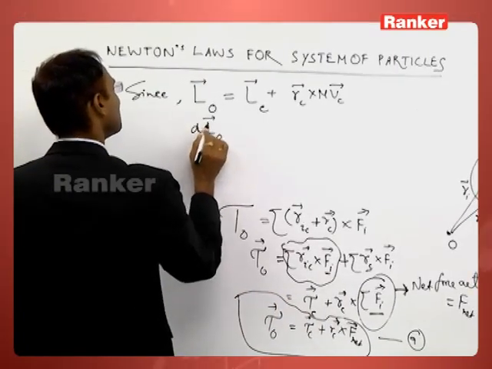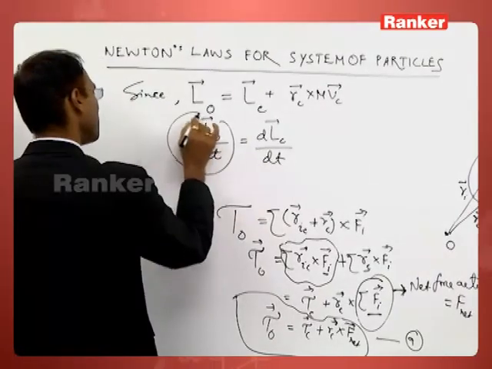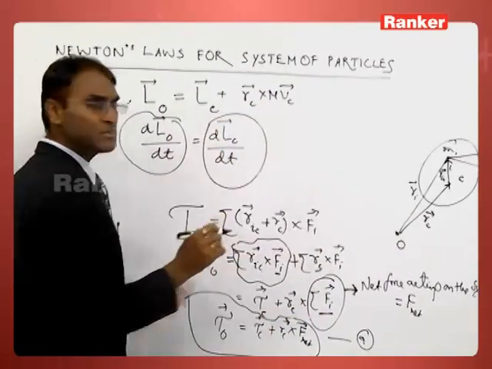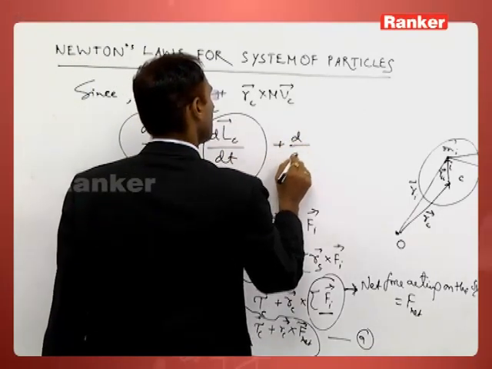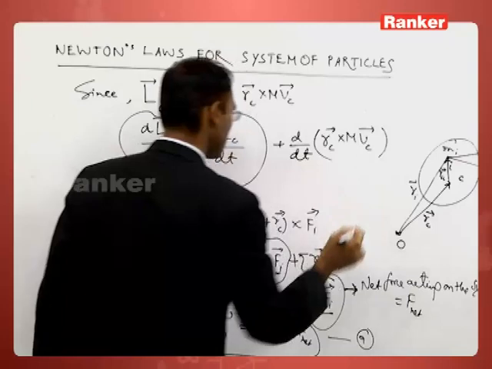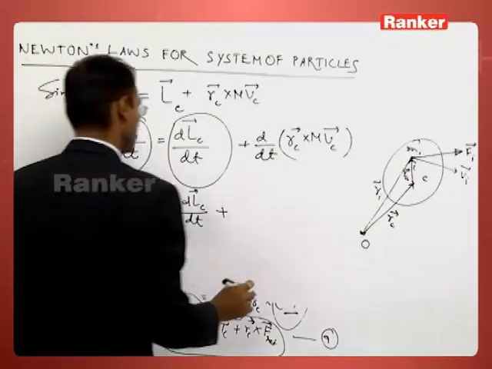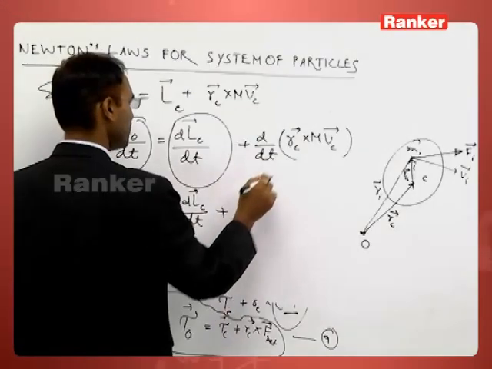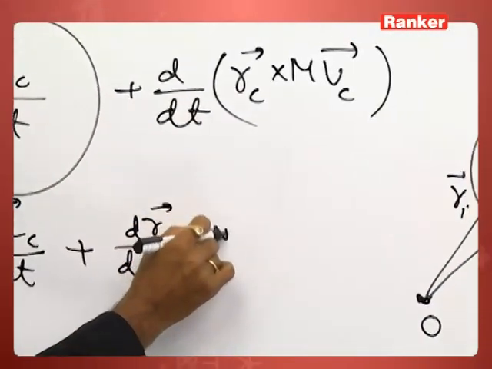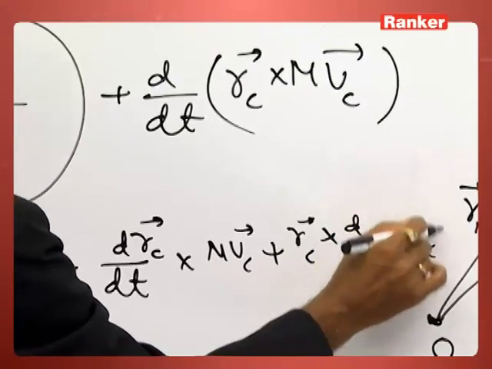Taking the derivative of both sides, we can write the rate of change of angular momentum of the system with respect to the given reference point is equal to the rate of change of angular momentum of the system with respect to the center of mass frame plus the rate of change of angular momentum of the center of mass of the system with respect to the given reference point O. That is equal to dLC by dt plus the derivative of this term, that is dRC by dt cross MVC plus RC cross d by dt of MVC.